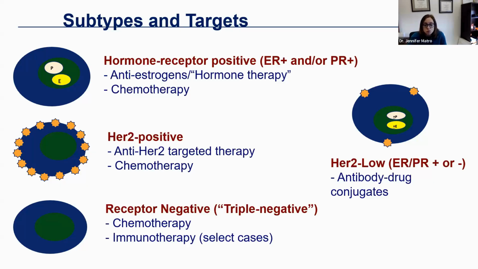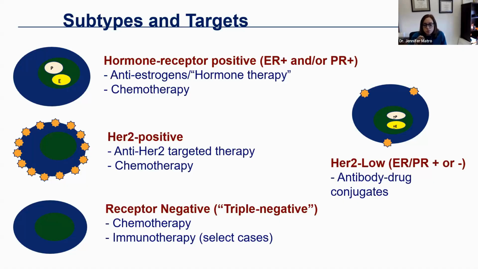Triple negative is all three negative, ER, PR, and HER2 negative. So we can't use the hormone therapy, we can't use the HER2 targeted therapy, and we rely on chemotherapy and immunotherapy in certain cases. There's this other entity called HER2 low breast cancer. This has become more relevant in metastatic disease.